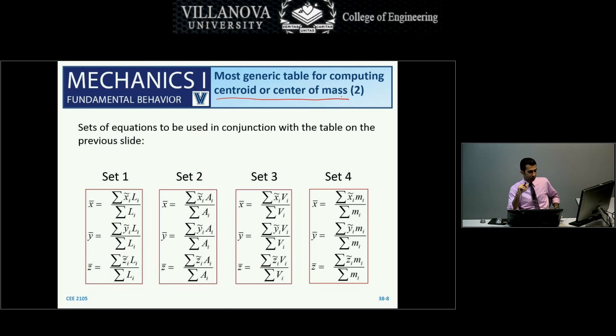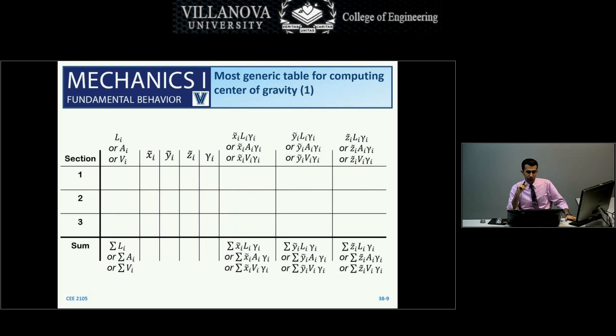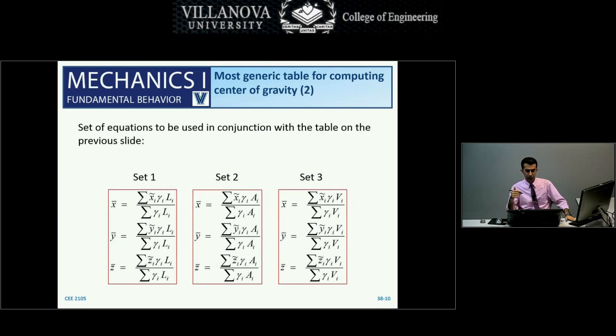Now, very similar to this, we can come up with a very generic form of a table for computing center of gravity for a composite body. Again, it's your decision what parameters to use in this table, and this table goes with this set of equations for finding the center of gravity.